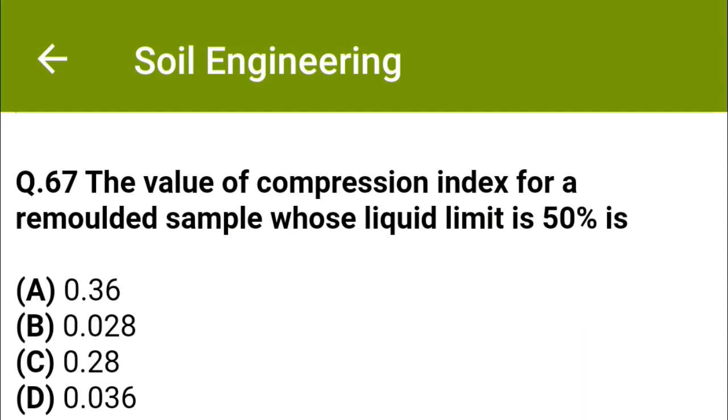The value of compression index for a remolded sample whose liquid limit is 50% is: option A, 0.36; option B, 0.028; option C, 0.28; option D, 0.036. The correct answer is option C, 0.28.